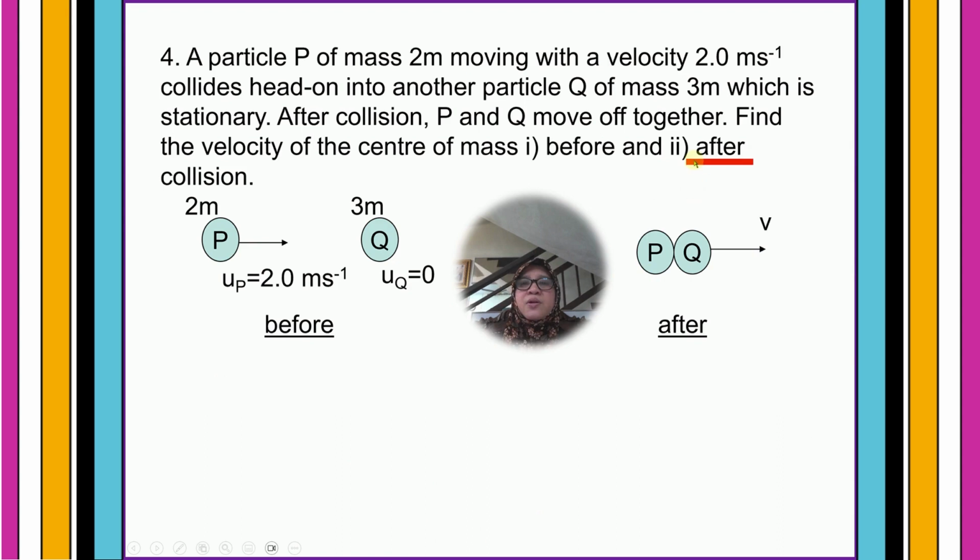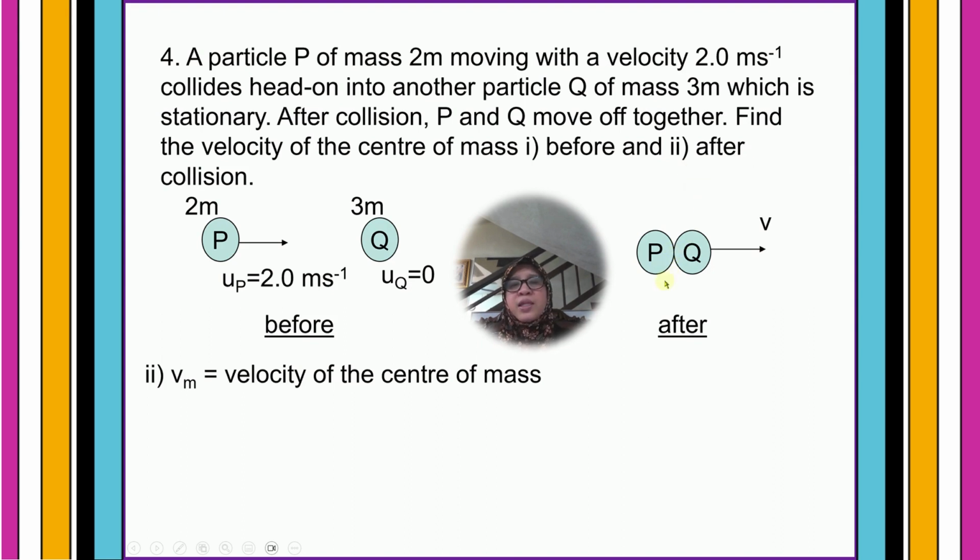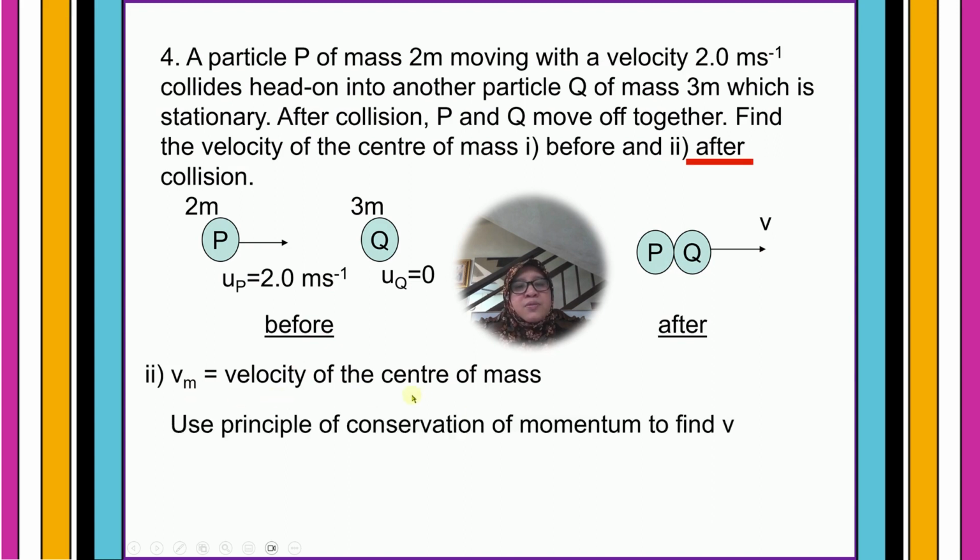Okay, for after collision, this is the situation. They move off together. So that means the center of mass for the whole system also uses the total of their masses. We still use the principle of conservation of momentum. So after collision, they move together. Let's say Vm is the velocity of the center of mass.